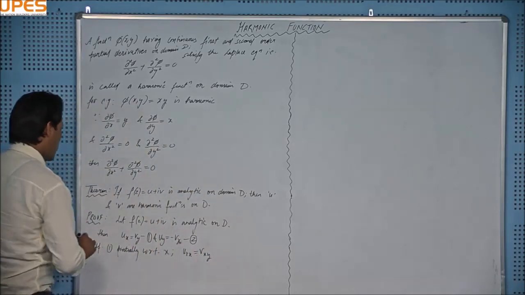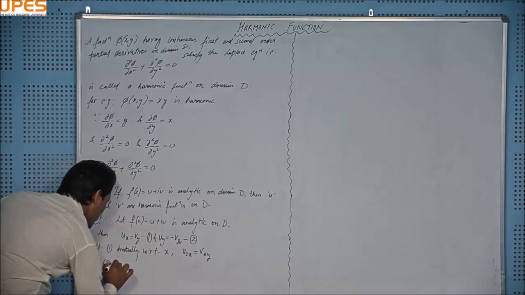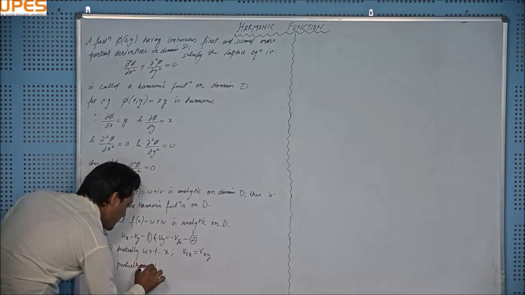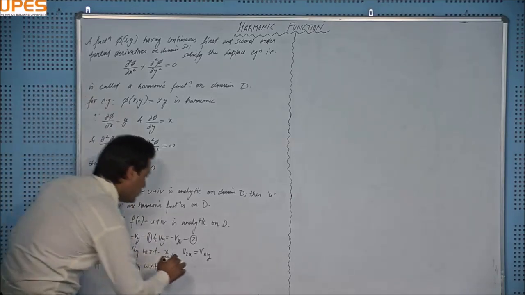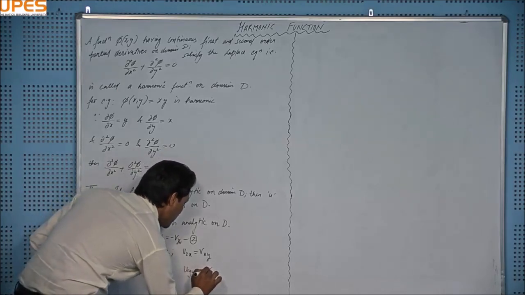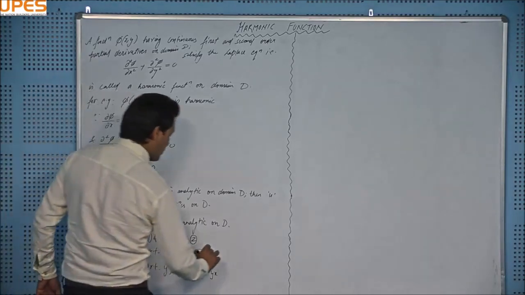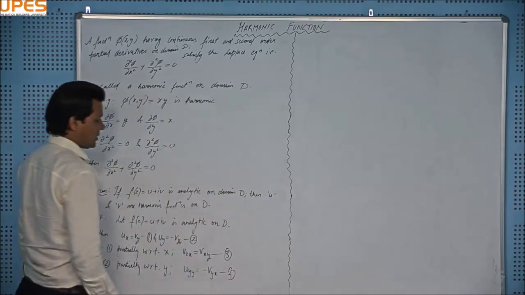And similarly, differentiating the second equation partially with respect to y, you will get uyy, the double derivative of u with respect to y, equal to negative of vyx. Let me call these equations number 3 and 4.